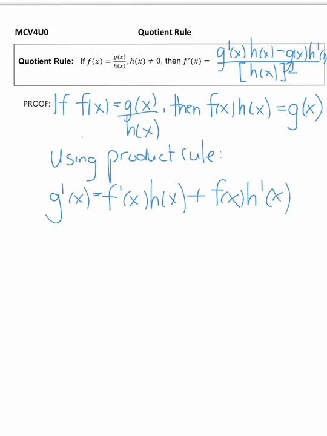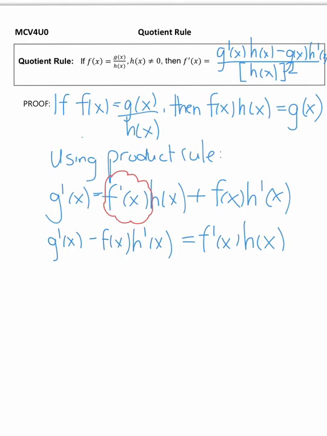Okay, now just looking ahead to up above, we know that based on our original function, we're trying to find the derivative of f of x. So we're trying to isolate this term right here. Okay, so we'll do a little reorganizing to isolate that term. Hopefully you can see that the next step would be to take g prime of x and subtract f of x, h prime of x, and of course that would equal f prime of x, h of x.